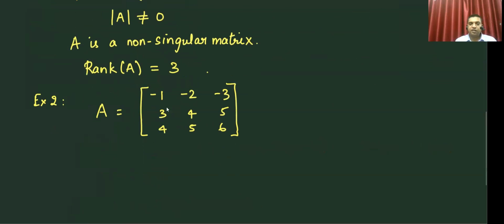Okay, the difference is plus 1 here, so easily you'll get zeros, no problem. So let us take the determinant of A. When you take the determinant of A, minus 1 times 6 4 is 24, minus 5 5 is 25, then plus 2 times minus of minus 2.